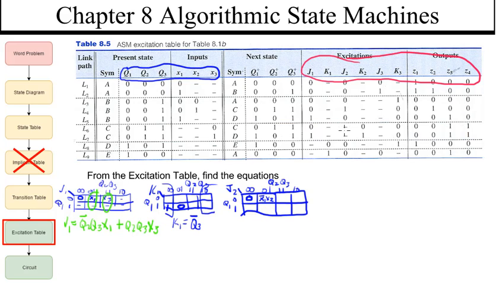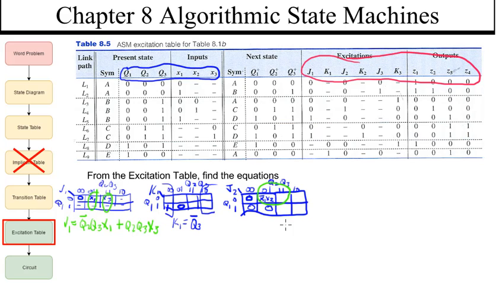All right, don't care, and 0, 0. 1, 0, 1, 1, 0, 1 is a 0, and this is a 0. Okay, so our implicant is going to be this.